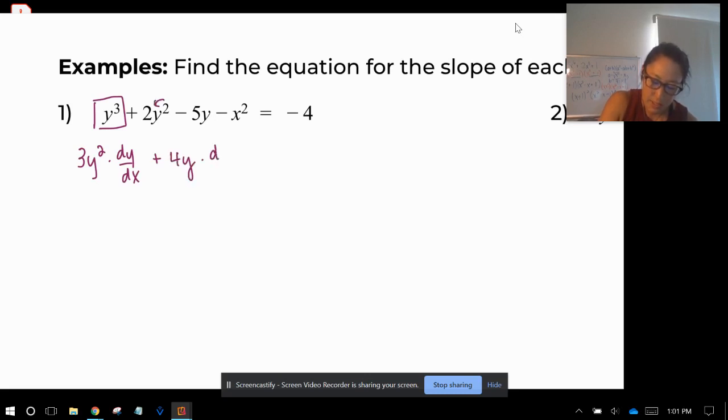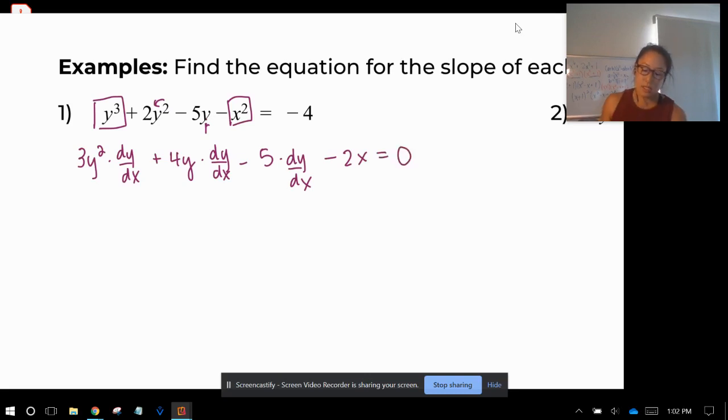Again, because it's not an x, we tack on the dy dx, minus the derivative of 5y is 5, and the variable in that derivative was y, so we tack on the dy dx. And then the derivative of negative 2x squared would be negative 4x, is equal to 0.